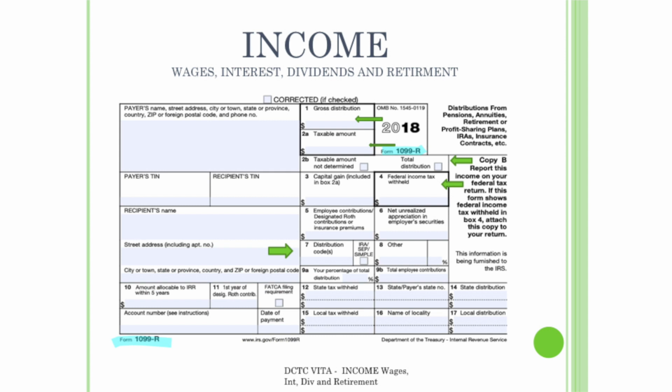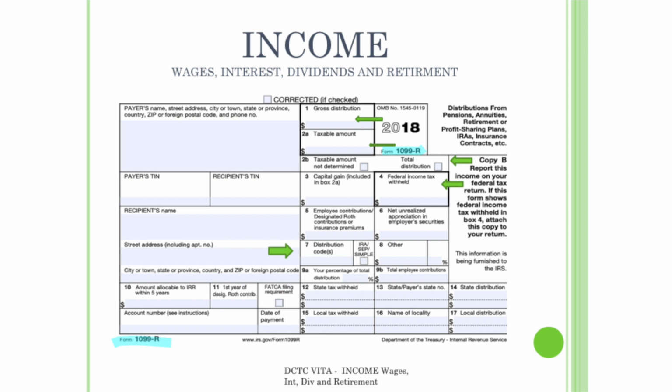I'm going somewhere. Now, this slide represents the actual Form 1099-R, distributions from pensions, annuities, retirement or profit-sharing plans, IRAs, etc. Pay particular attention to boxes 2a and 2b, taxable amount and taxable amount not determined.